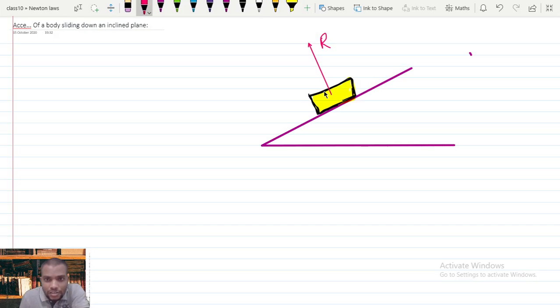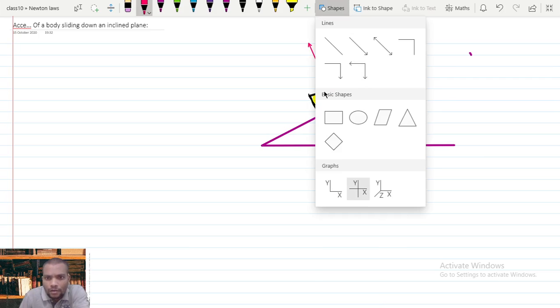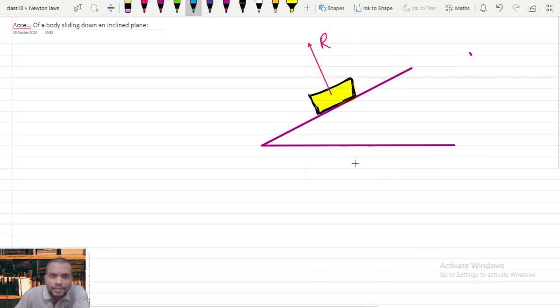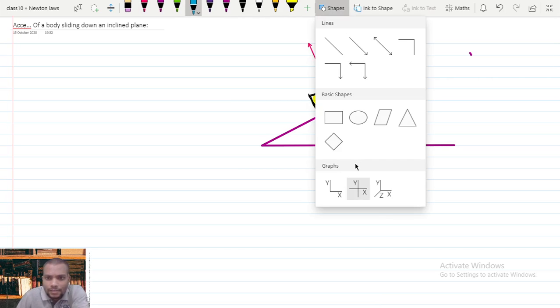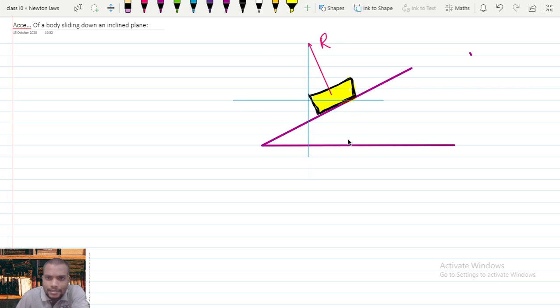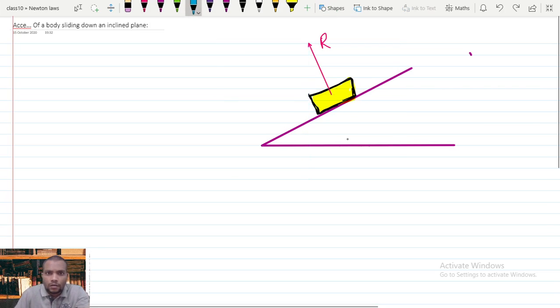If I take the situation here, R is the normal reaction force which is acting. Now I take a coordinate axis and draw it right here. This is the positive y-axis, and this is the positive x-axis.